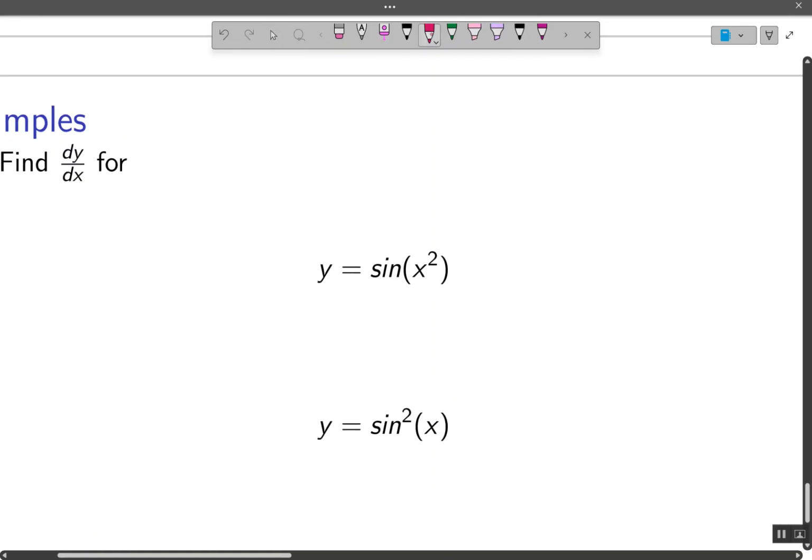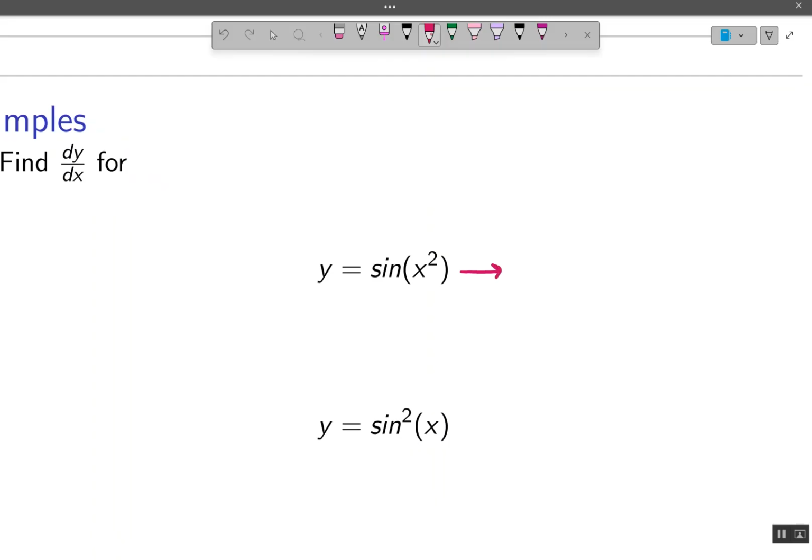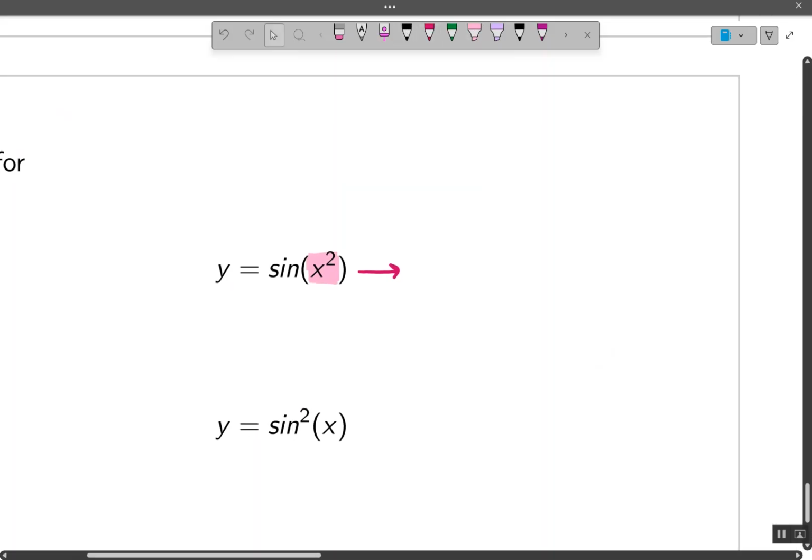Okay, y equals sine of x squared. Notice that the input to this sine function is not just x. So here is one thing that might be helpful for you.